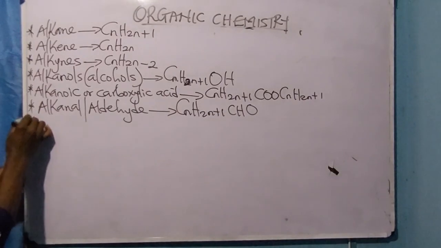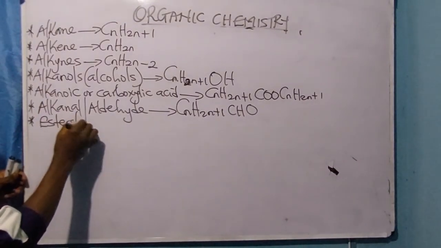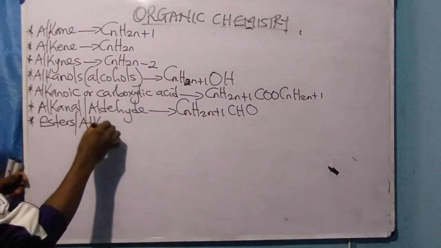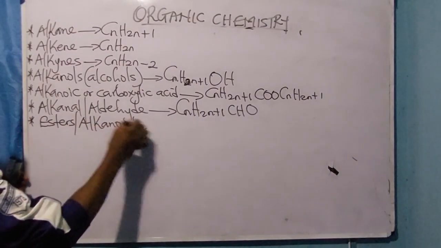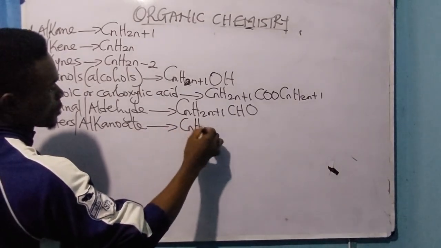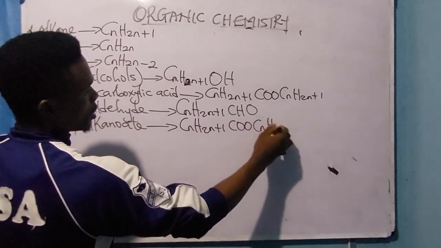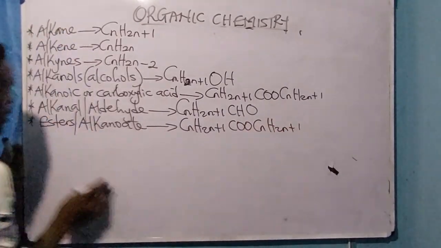Now you have the esters, otherwise called alkanoates, with formula CnH2n+1COOCnH2n+1.